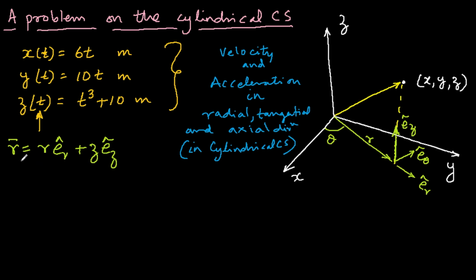So that is how we define the position vector. If we can represent the particle in this way, then we can find its velocity and acceleration in the cylindrical coordinate system.